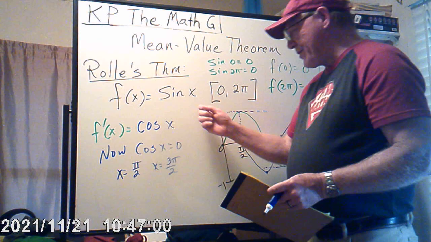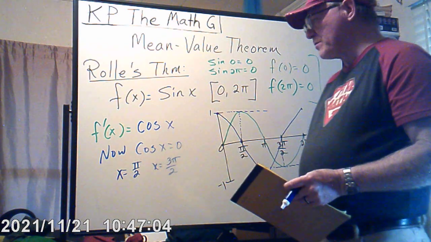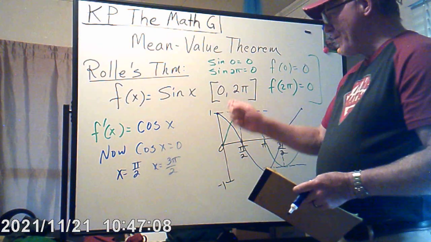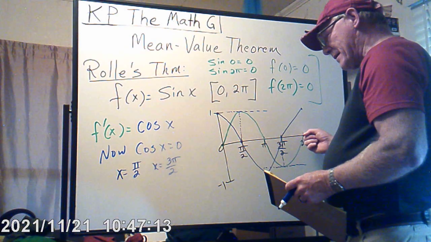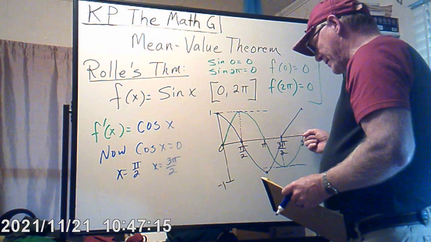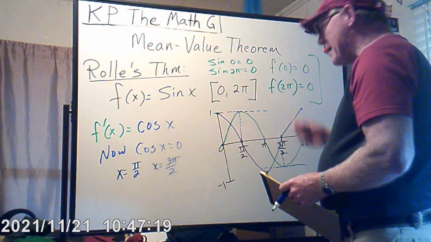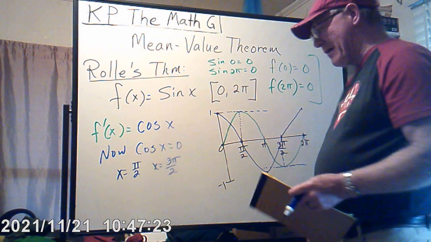So that is an example of Rolle's theorem. If f at a equals f at b, and of course f must be differentiable, which means that it is continuous.